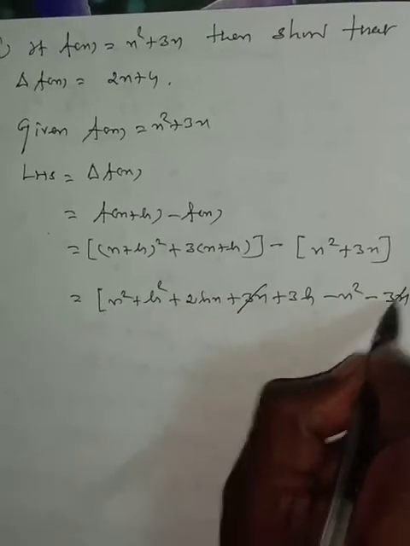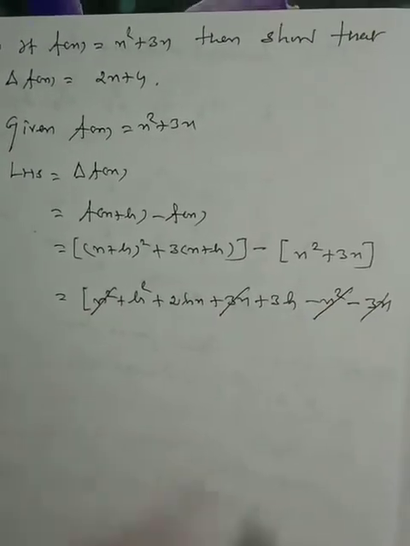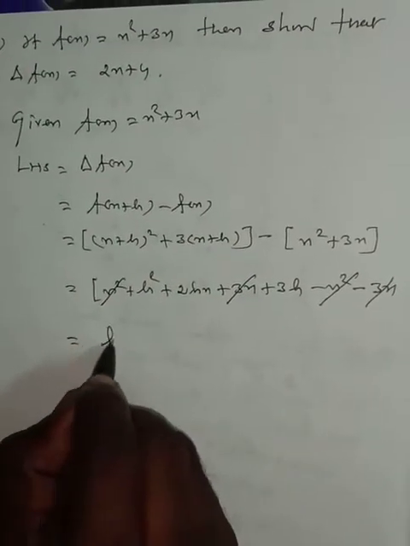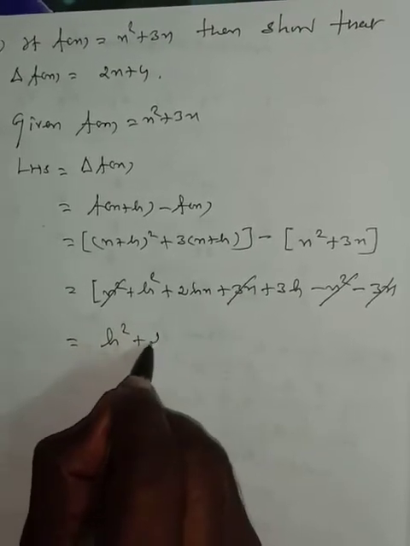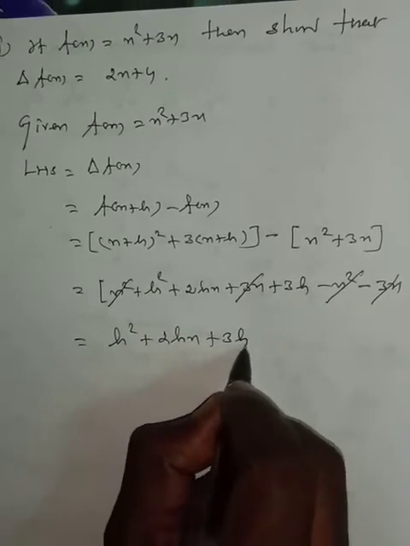Minus 3x plus 3x cancel. Next positive x square negative x square cancel. It is equal to h square plus 2hx plus 3h.